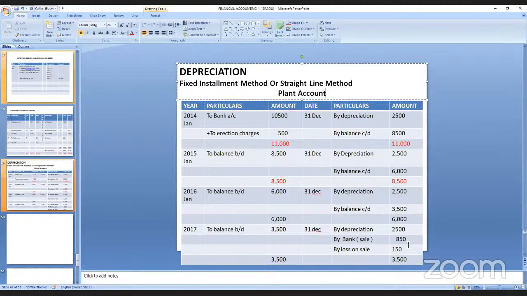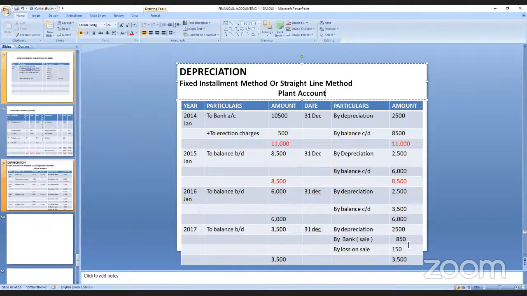Sirisha, the cost of the machine is how much? It is 11,000. And in that 11,000, the depreciation amount is how much? 10,000 total for 4 years: 2,500, 2,500, 2,500, 2,500. And you have sold that machine for how much?